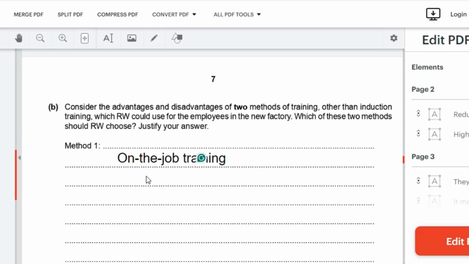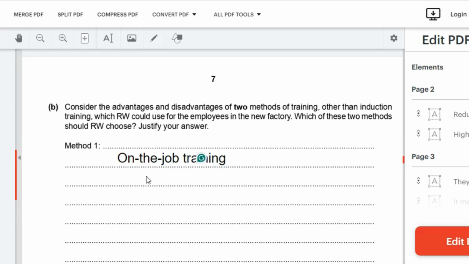Of course, it will ensure production of the products like furniture and paint, and help them to supply them to their shop at the same time while they are still learning the training. And it is also relatively cheap compared to off-the-job training, that is the one that is far away from the work environment.